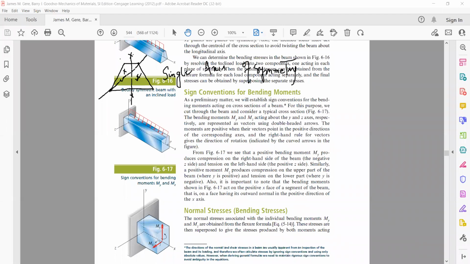But if you look at this beam at the bottom, if you draw its cross-sectional area, it is essentially in the form of a rectangle. Now, this is one axis of symmetry, isn't it?